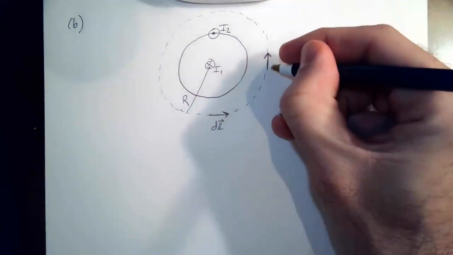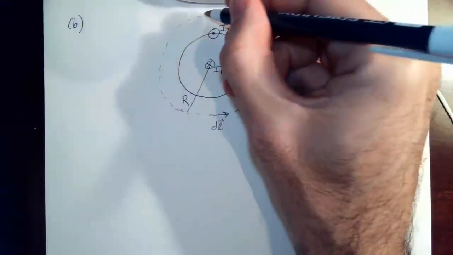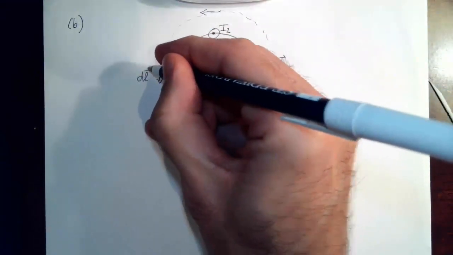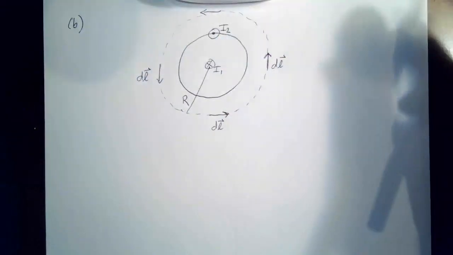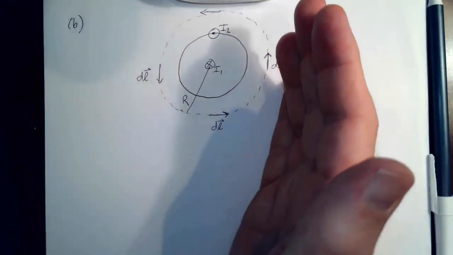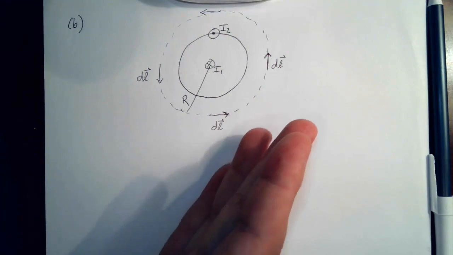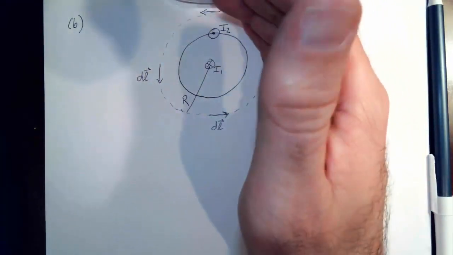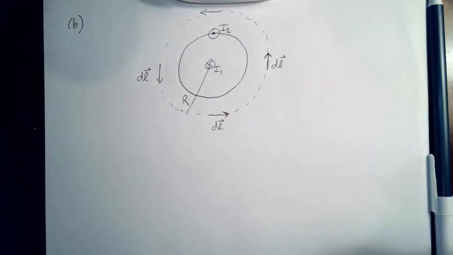So that's the direction of dl. And our sign convention is basically to make sure that right-hand rule number 2 is obeyed. I'm going to follow this dl, the direction I'm walking around the path, with my right hand, with my fingers. And my thumb is going to point in the direction of positive current.